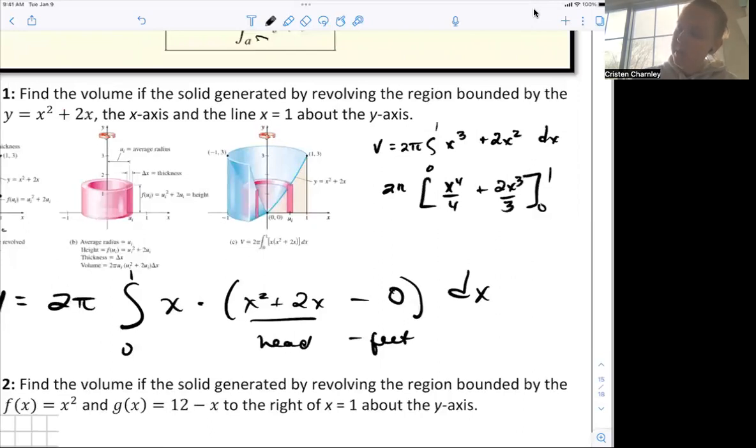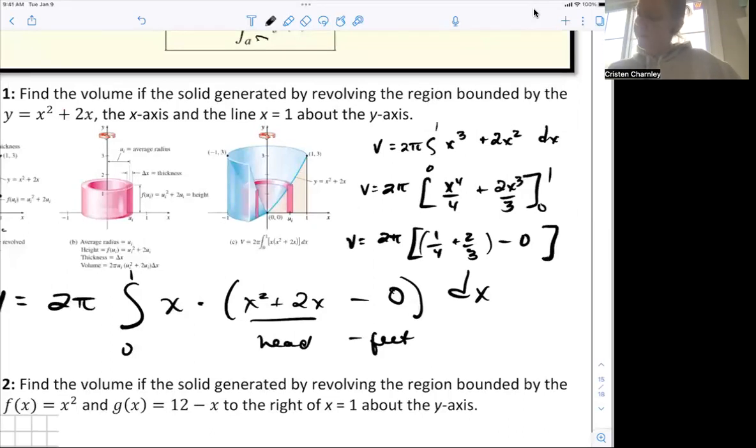This is a 2 pi problem. In the front, put our boundaries in. This becomes 1/4 plus 2/3. Luckily, that 0 makes everything 0, which is handy. So 1/4 plus 2/3 is 11/12. 2 pi and 11/12.